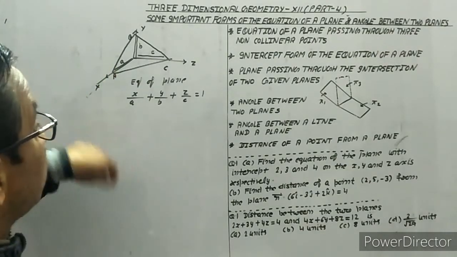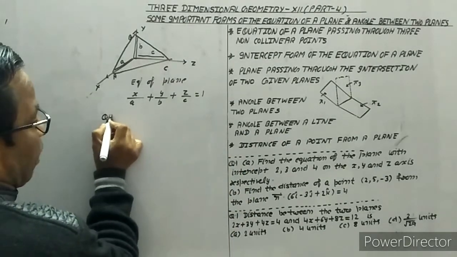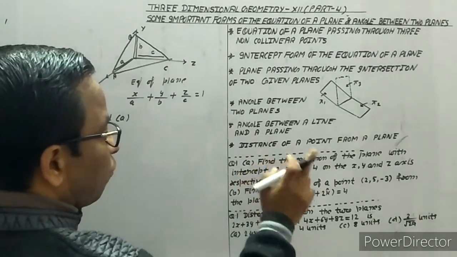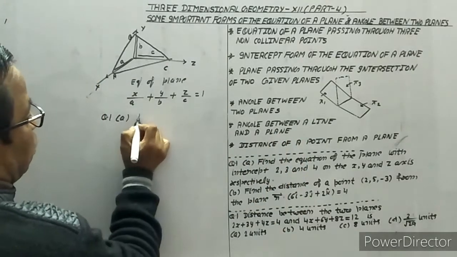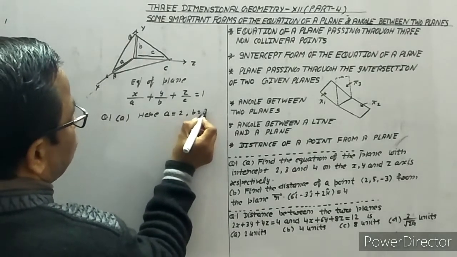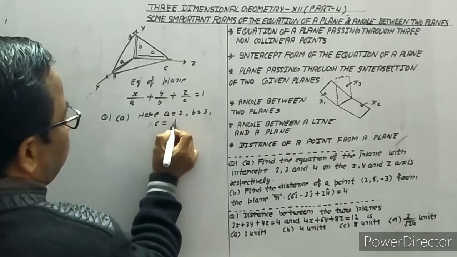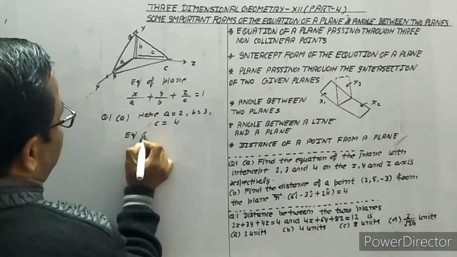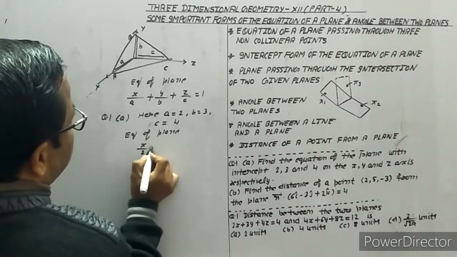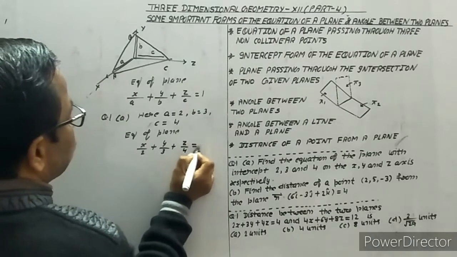Now look at this. If we want to do the question, here question number 1, part A, we have to find the equation of the plane with intercepts 2, 3, 4 on the x, y and z axes. So you will say here A equals 2, B equals 3, and C equals 4, and the equation of the plane is given by x upon A plus y upon B plus z upon C equals 1.